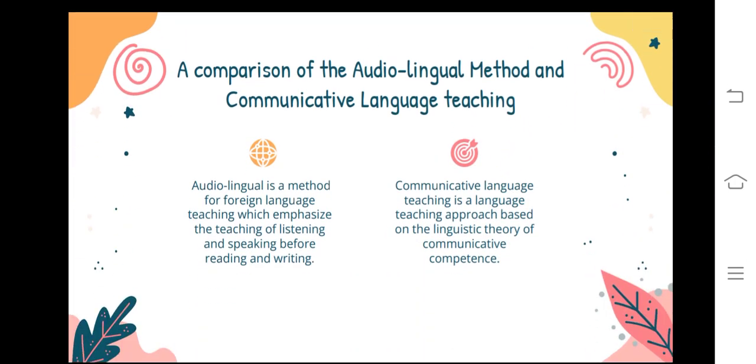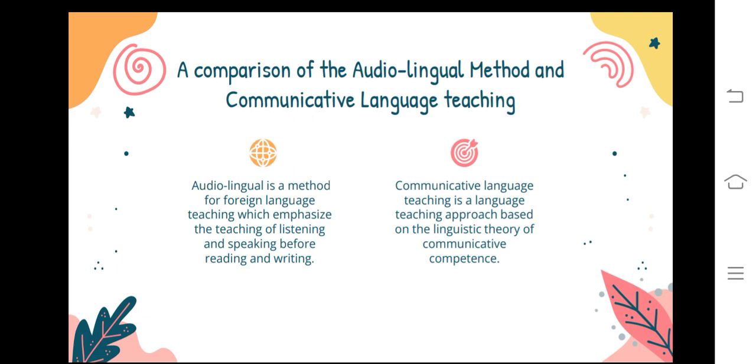Next, we will compare 2 points: a comparison of the audiolingual method and communicative language teaching. Both have the same high importance in the learning and teaching process.